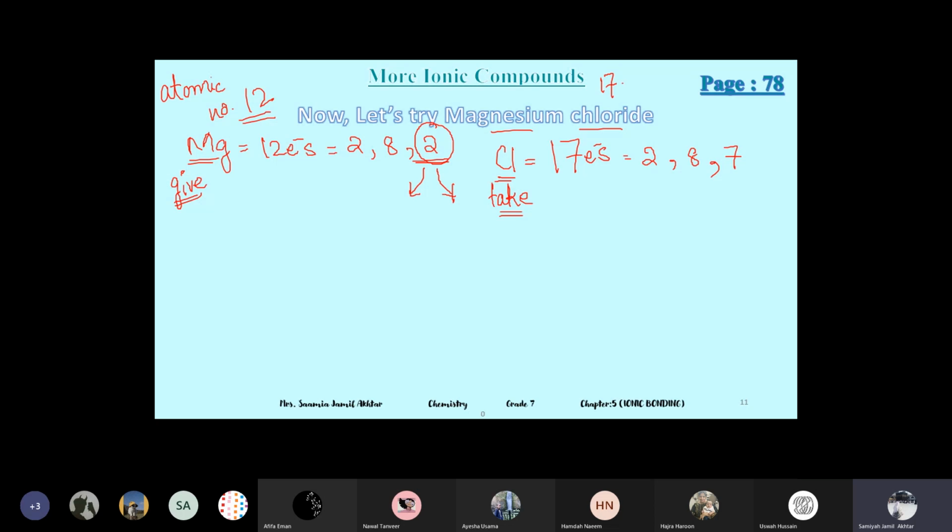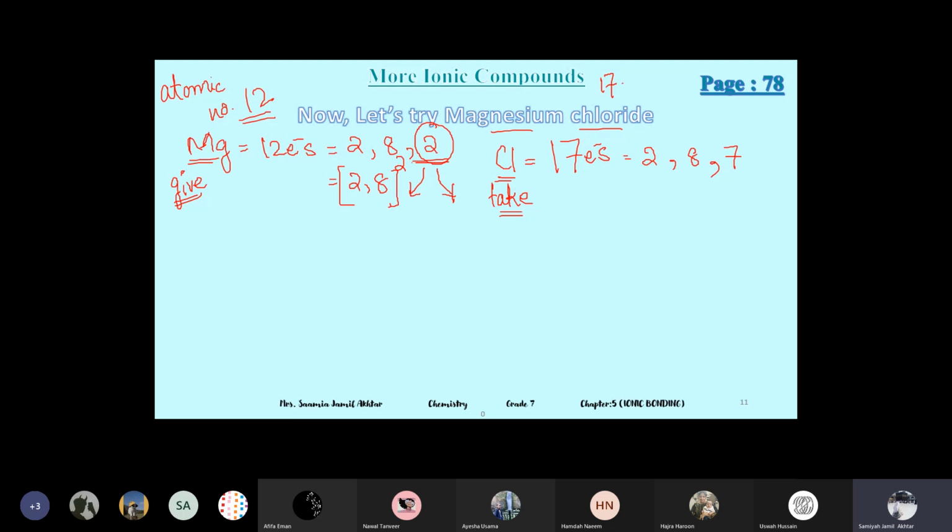When magnesium gives these 2 electrons, it will become 2, 8 in square brackets. What charge will come on it after giving? Positive. How many electrons is it giving? 2.